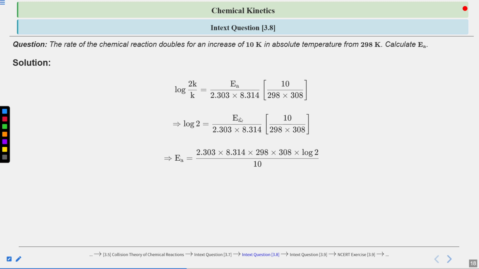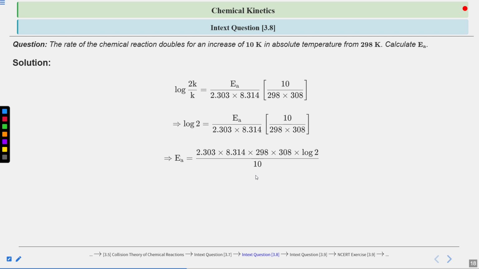So EA will be the denominator going into the numerator on the left-hand side, and the 10 present in the numerator with EA will go into the denominator. So EA will be 2.303 times 8.314 times 298 times 308 times log 2, divided by 10.